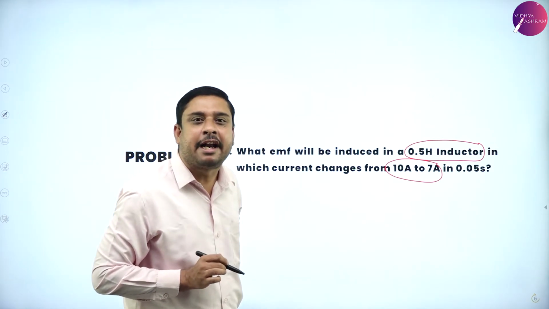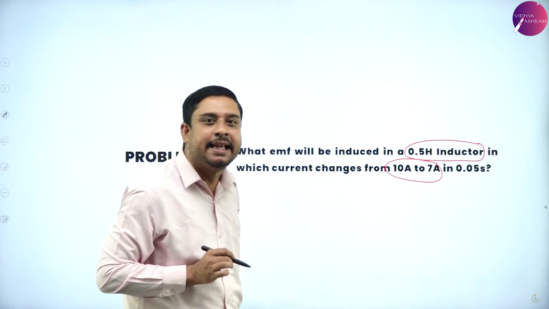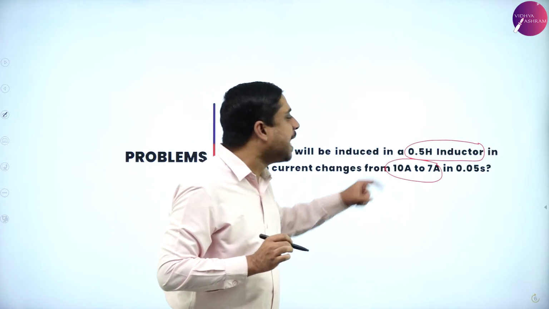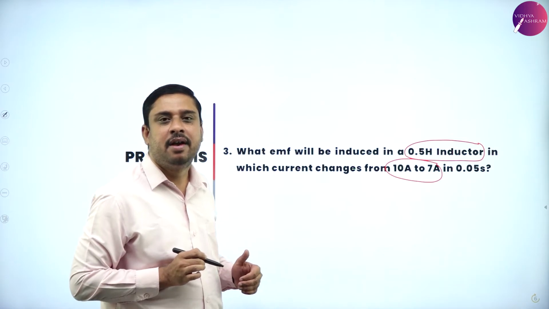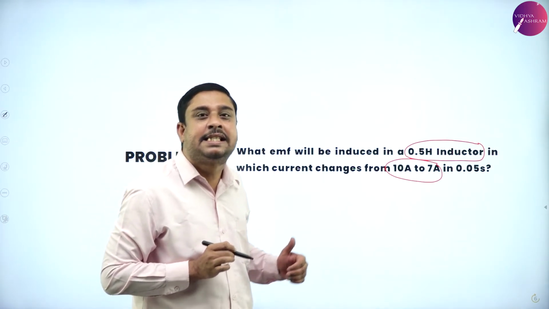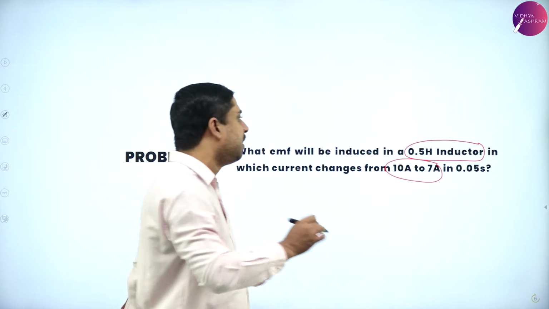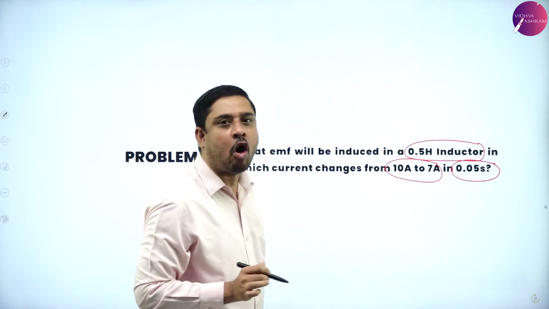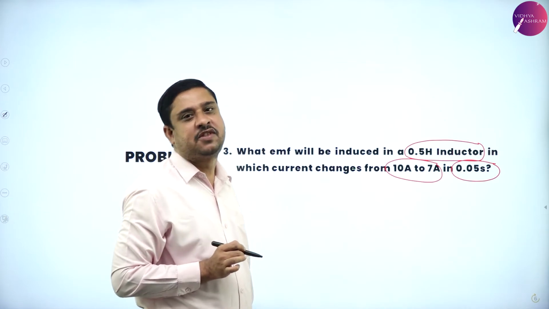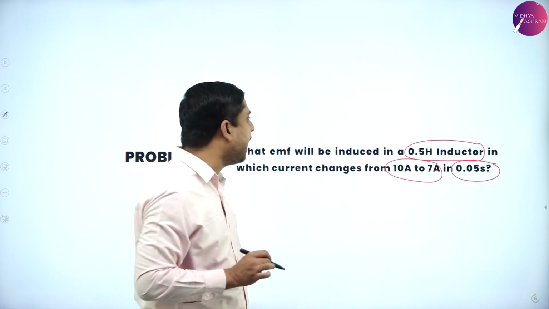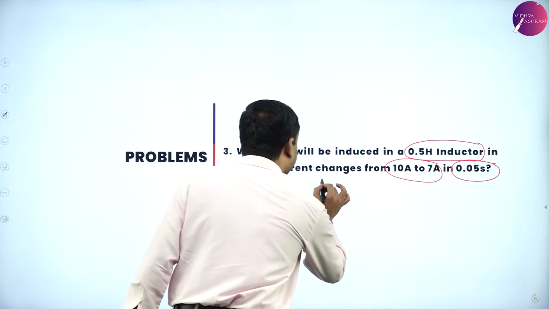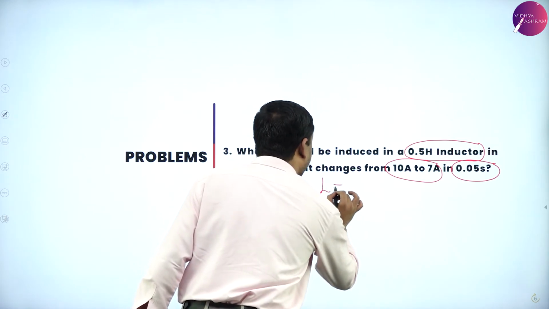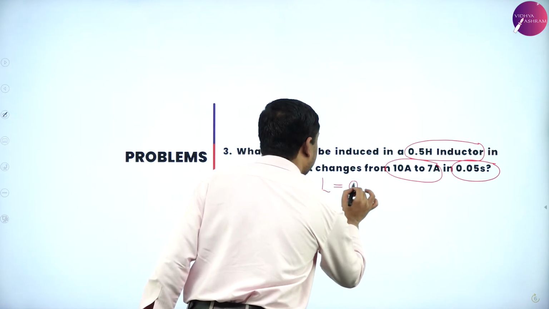Initial current flowing in the inductor is 10 ampere. Final current is 7 ampere in a time interval of 0.05 seconds.